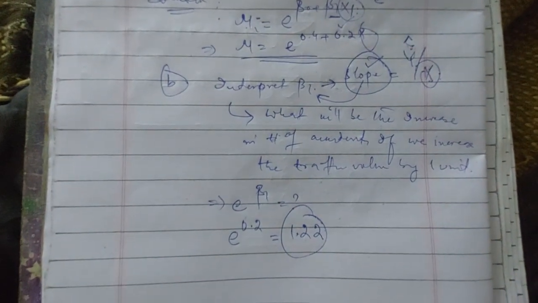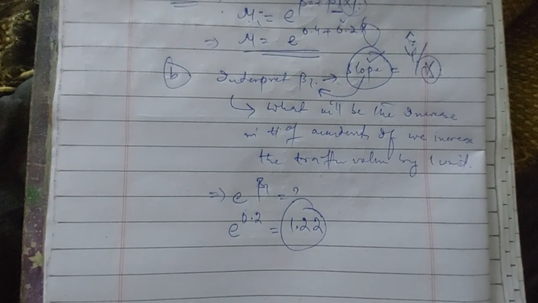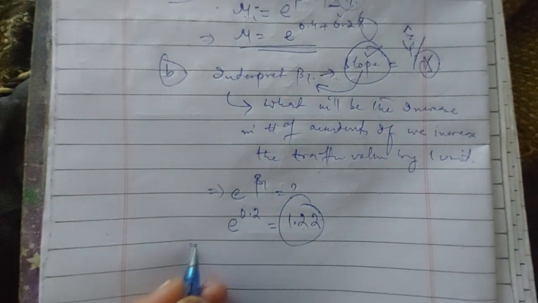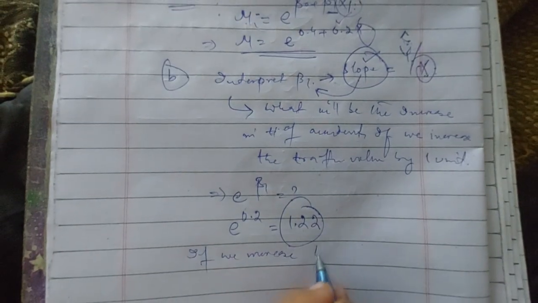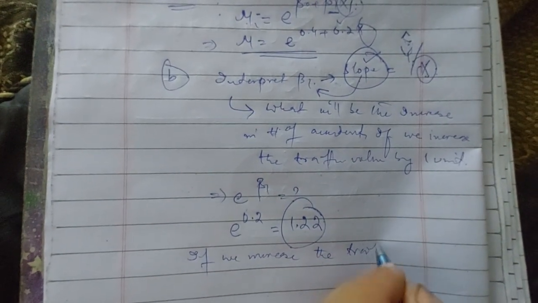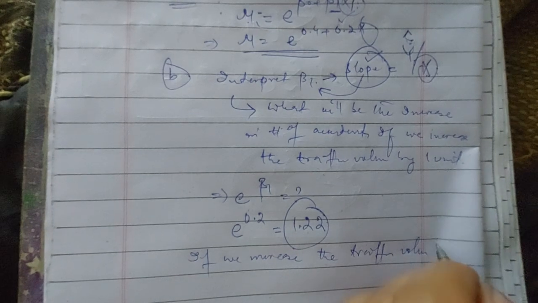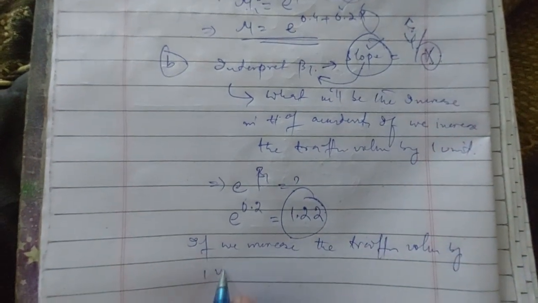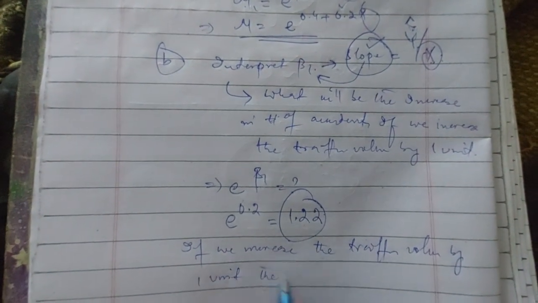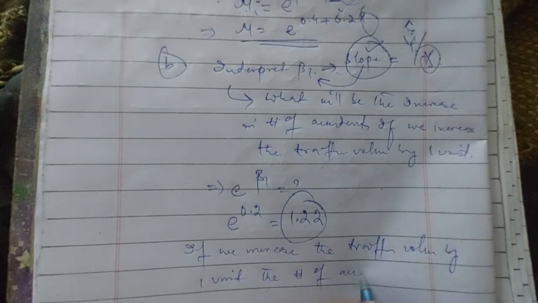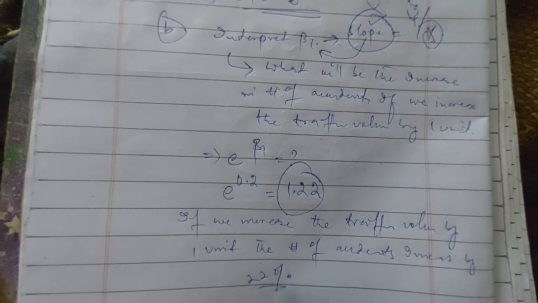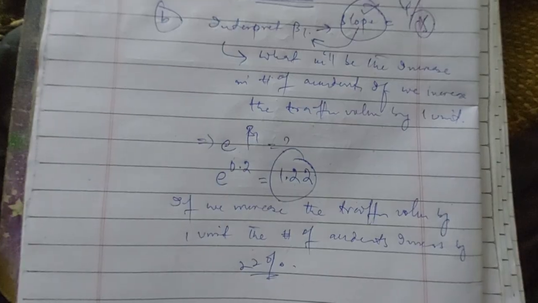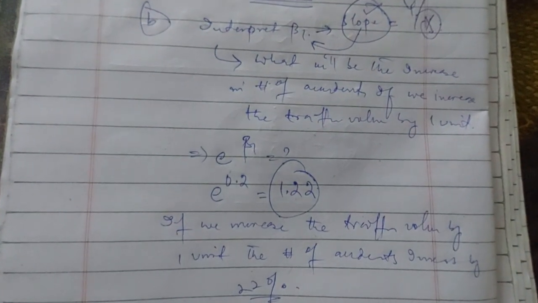Now this 1.22 means that if we increase the traffic volume by 1 unit, the number of accidents increases by 22%. So that is the interpretation of beta 1.